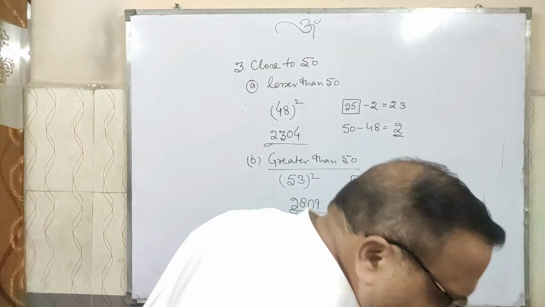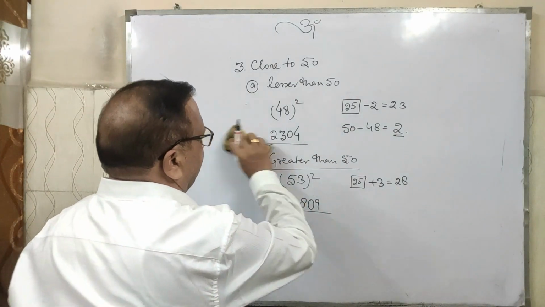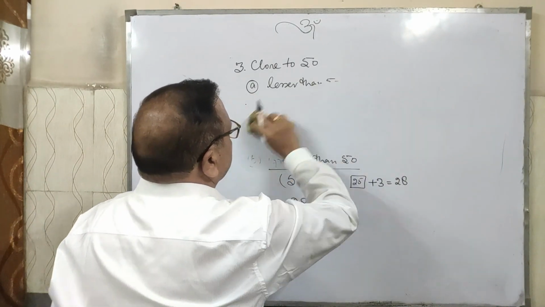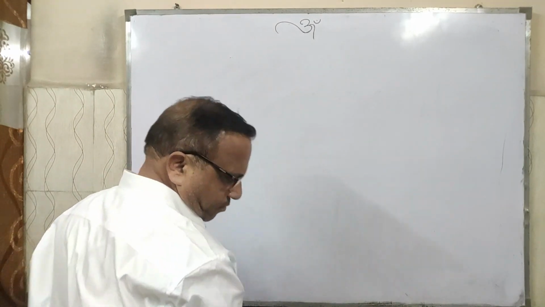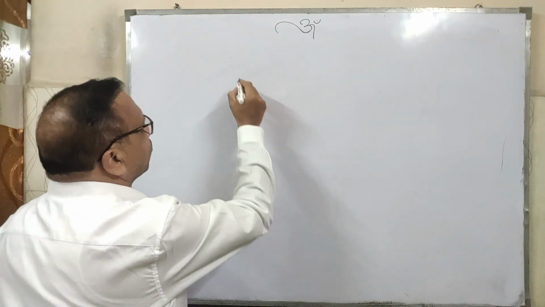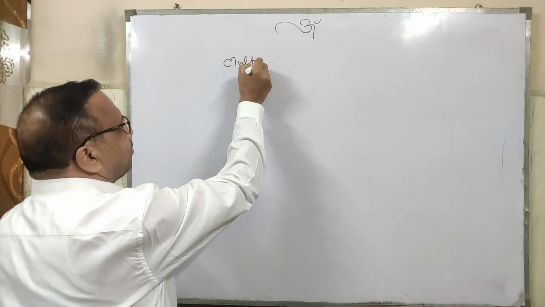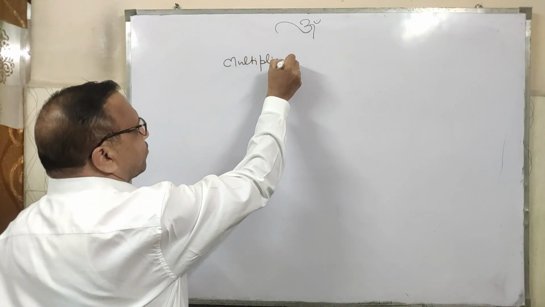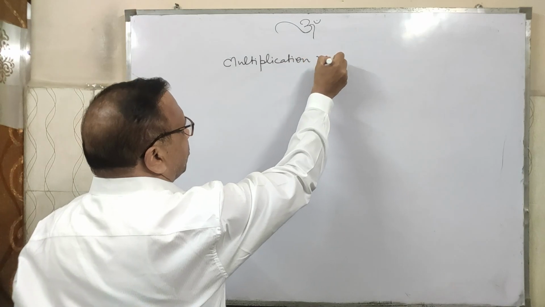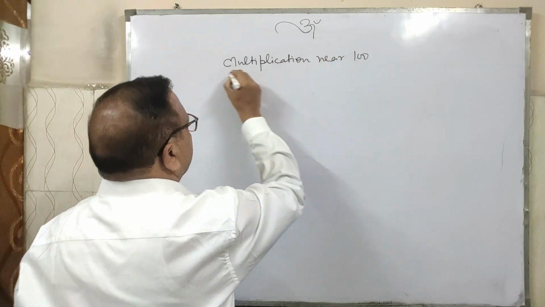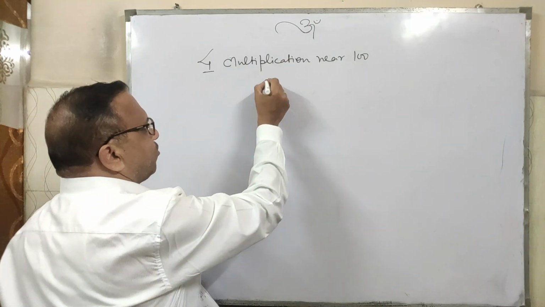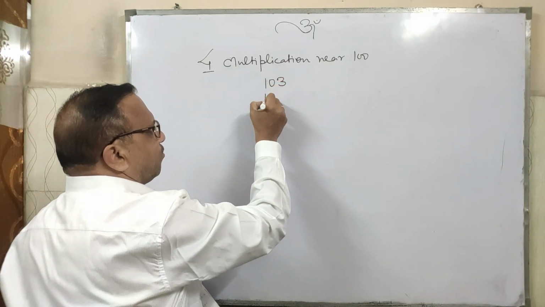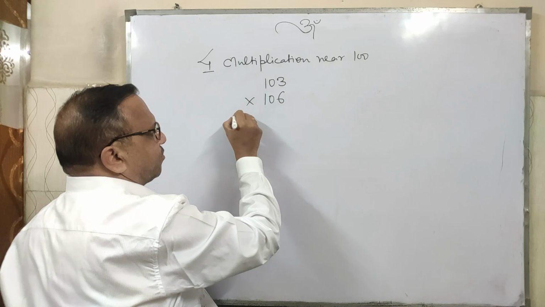Now, fourth trick is multiplication near 100. Suppose we have to multiply 103 into 106.